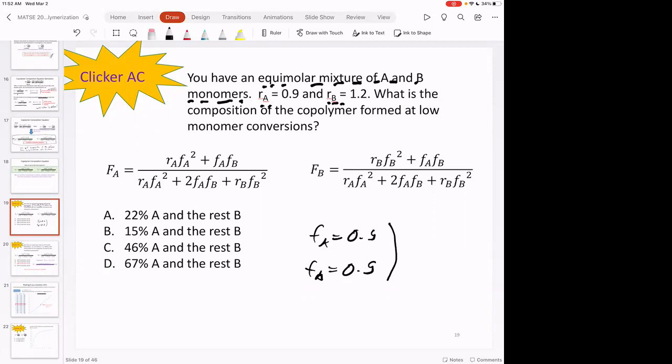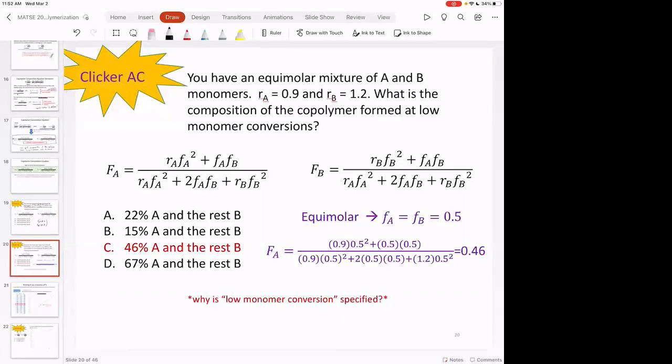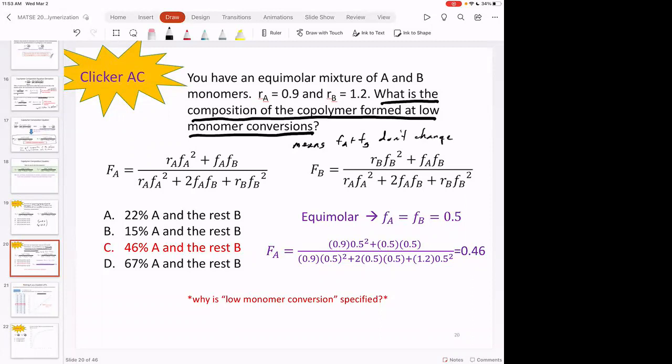Okay, so if we plug everything in, what is the composition of the copolymer formed at low monomer conversions? So there's a couple key words here. Low monomer conversion means Fa and Fb don't change, or the concentrations of those monomers don't change.